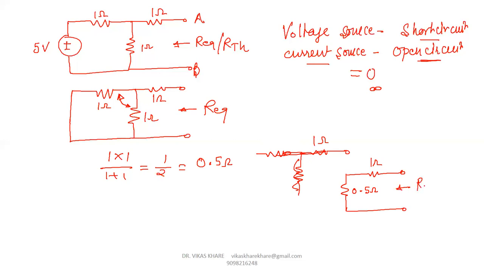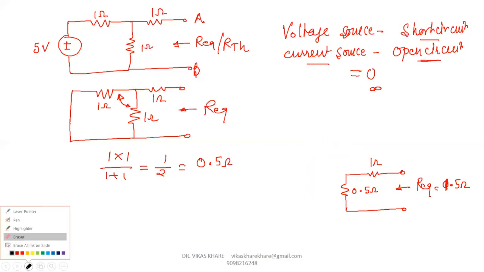So R equivalent is equal to 1 plus 0.5, which is equal to 1.5 ohm. So the equivalent resistance of the AB terminal is equal to 1.5 ohm.